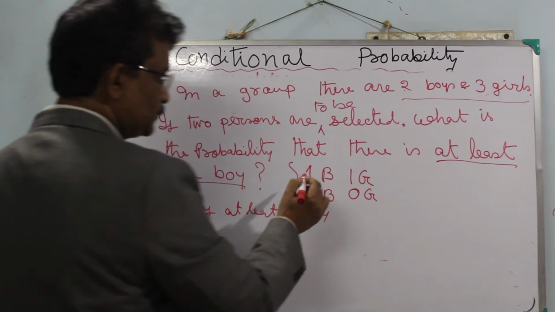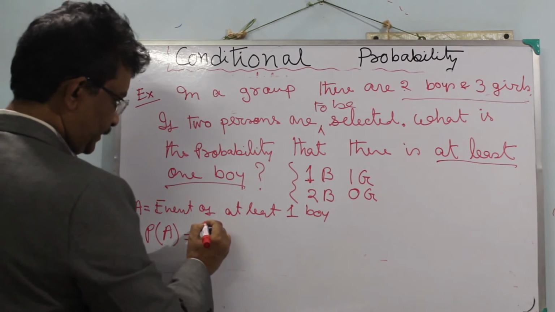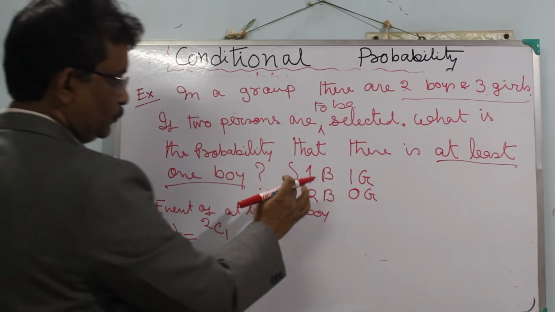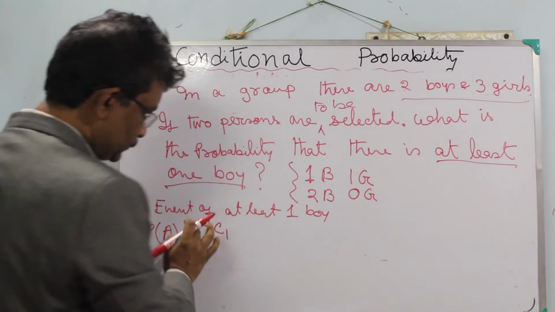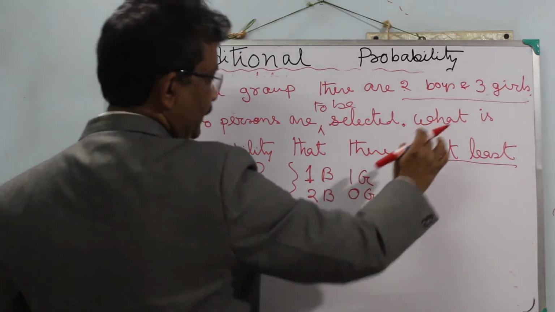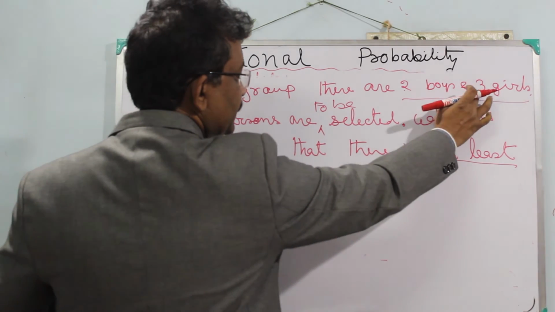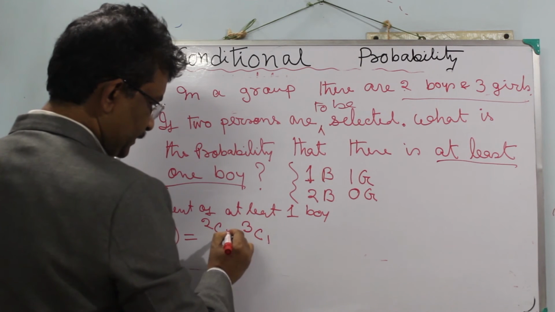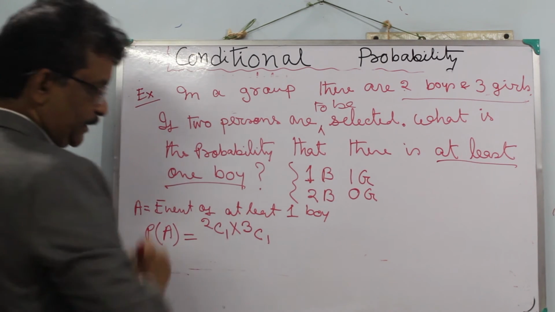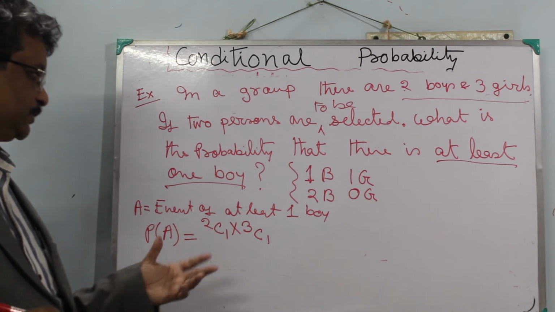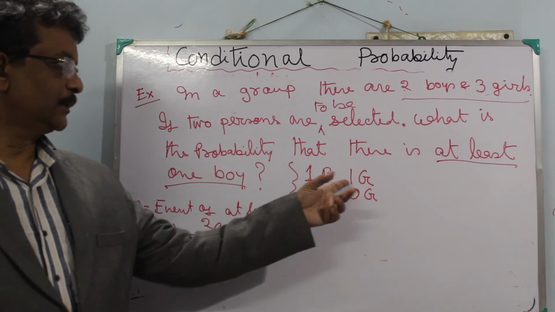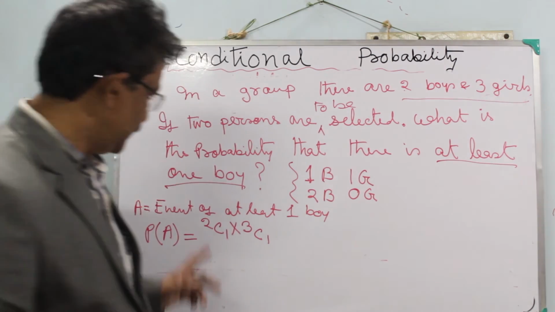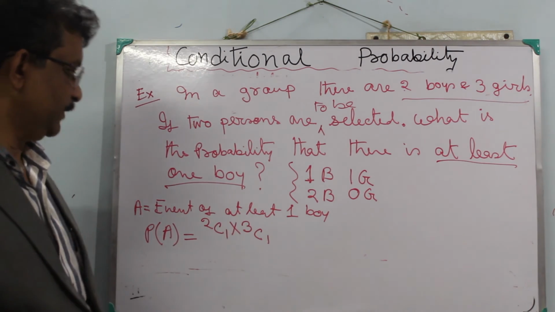From 2 boys, one boy can be selected in 2C1 ways, and one girl can be selected from 3 girls in 3C1 ways, and there will be multiplication. So one boy and one girl can be selected from 2 boys and 3 girls in 2C1 into 3C1 ways.